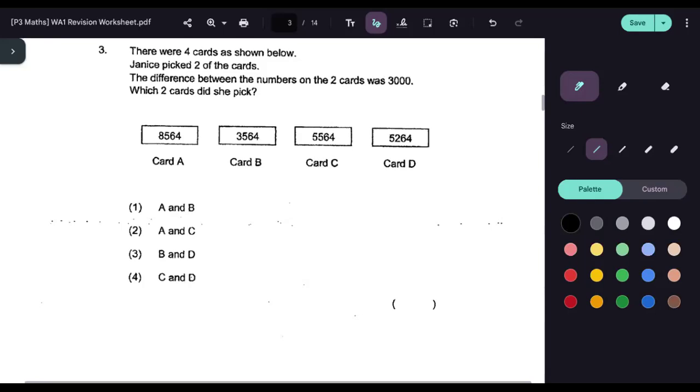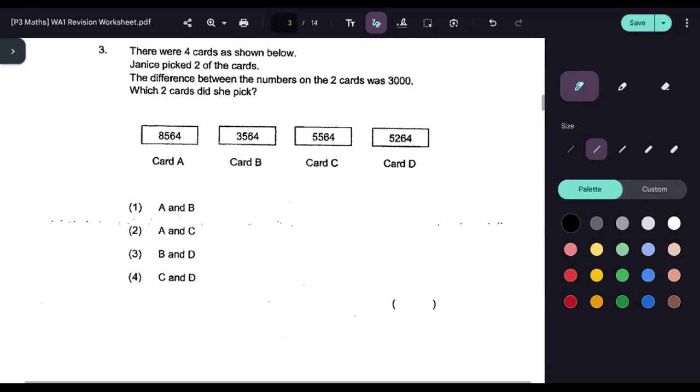First, I want you all to understand. Janice picks 2, so they give you 4 options.